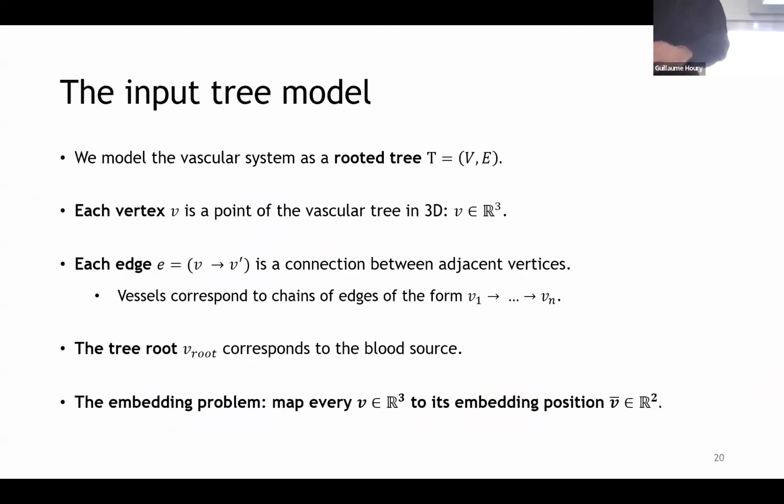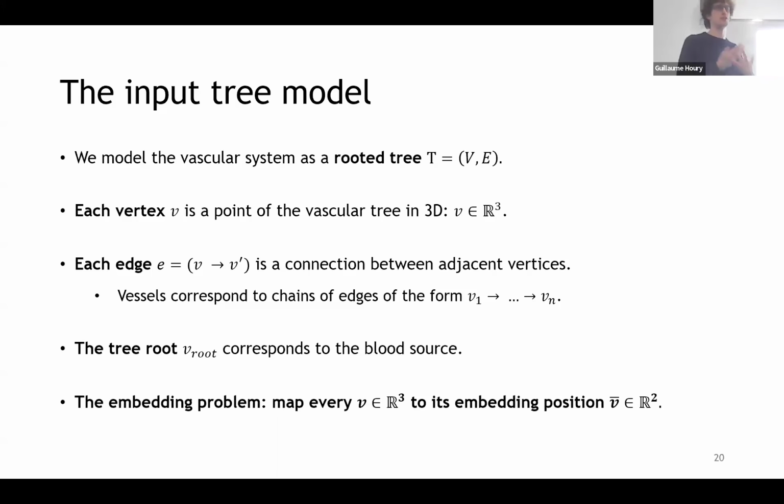And formally speaking, our input is a rooted tree whose vertices are points in 3 dimensions, corresponding to the voxels of the tree input. And each edge links neighboring voxels so that each blood vessel corresponds to a chain of edges.